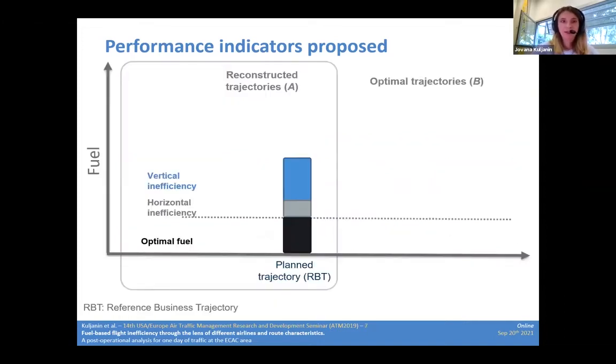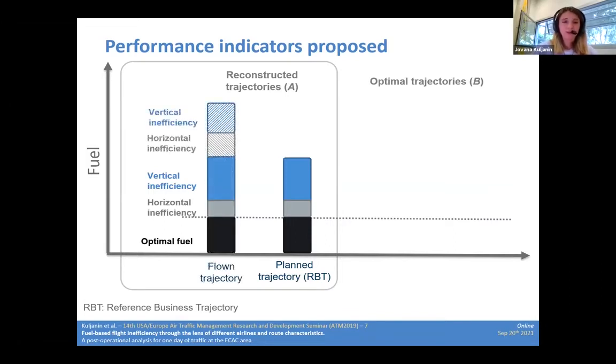So let's imagine that we as an airline agree to fly the reference business trajectory. And this is the trajectory that the ANSPs and airports agree to facilitate, if we are speaking in terms of CESAR terminology. But we have to bear in mind that this reference business trajectory might contain some strategic horizontal and vertical inefficiency stemming from the fact that it needs to follow structured ATC routes, and that it needs to avoid some restricted military zones.